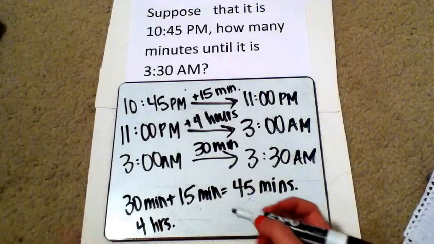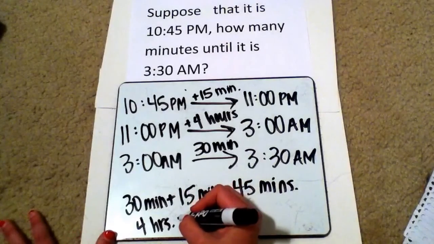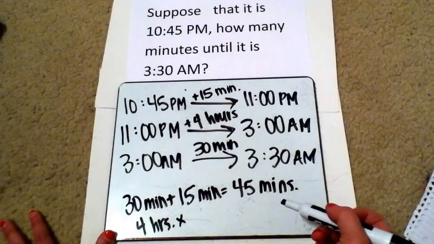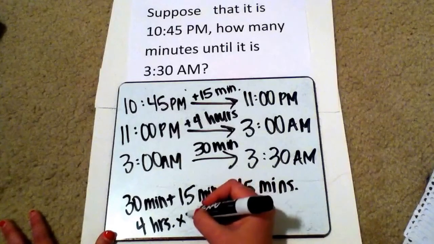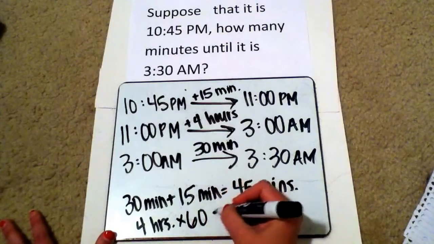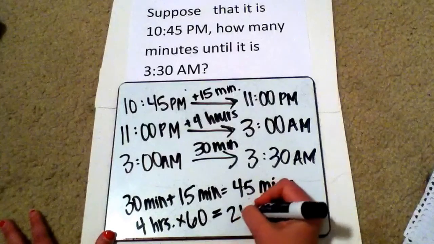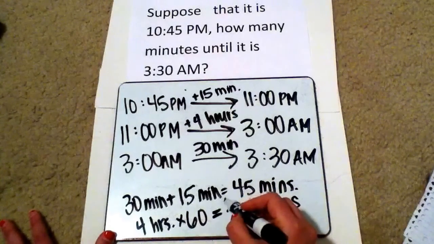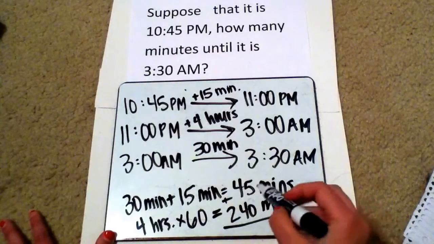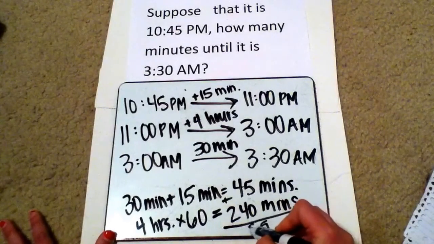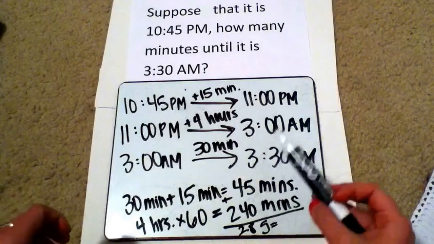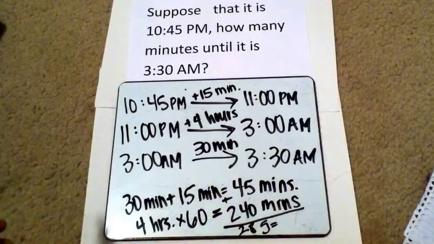And if there's 4 hours, then we're going to have to multiply that by what to get our total number of minutes? Right, 60. So 60 times 4 is 240 minutes. Now we can add these two together to get 285. So 285 minutes have passed from 10:45 p.m. to 3:30 a.m.